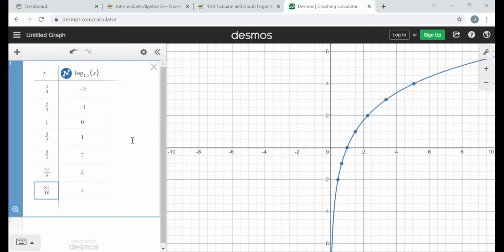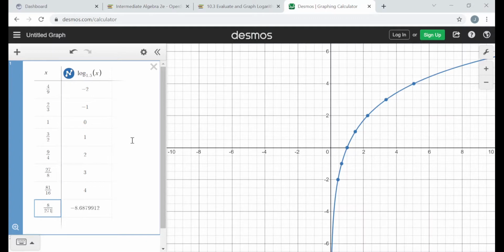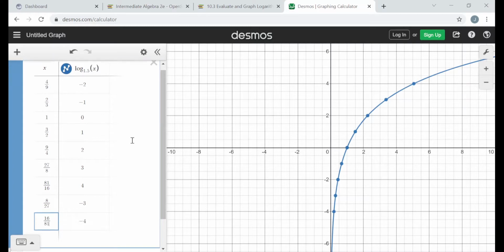And the reciprocals of those would give you the negative powers: 8/27ths for -3, and an input of 16/81ths would give me an output of -4. And the closer to 0 x gets, the bigger negative the output is. And the bigger x gets, the bigger the output. It's an increasing function. Domain is positive numbers, range is all real numbers. Great.